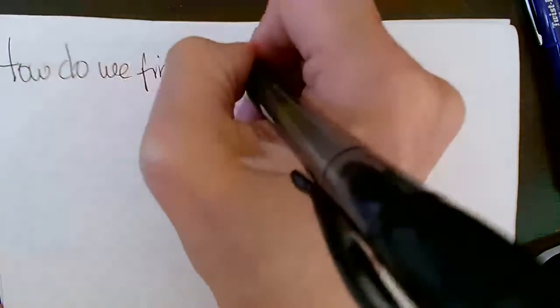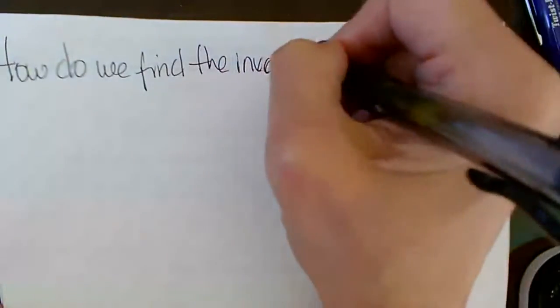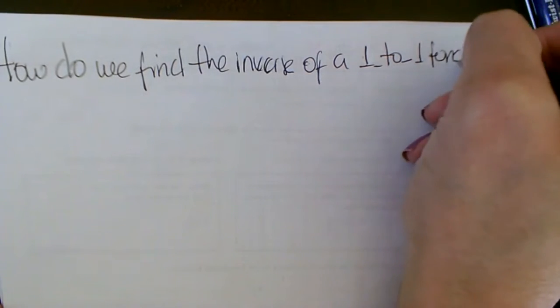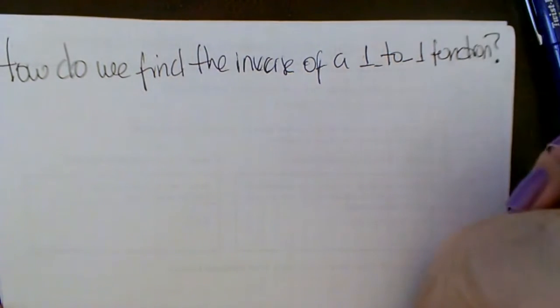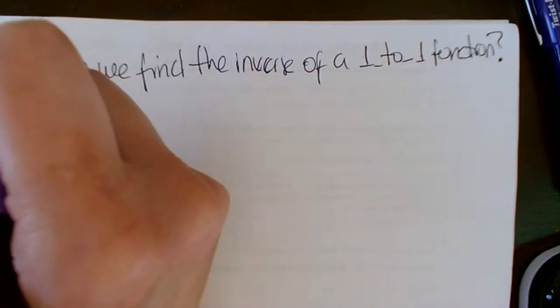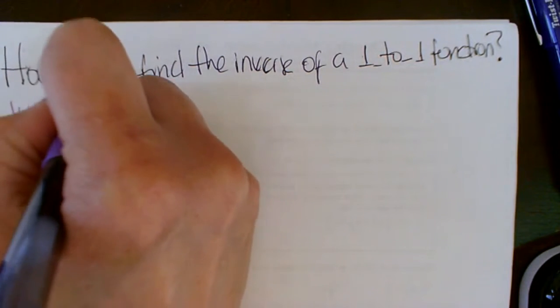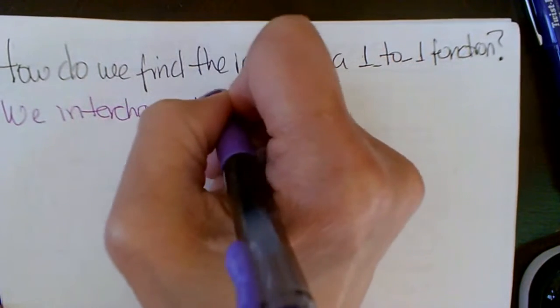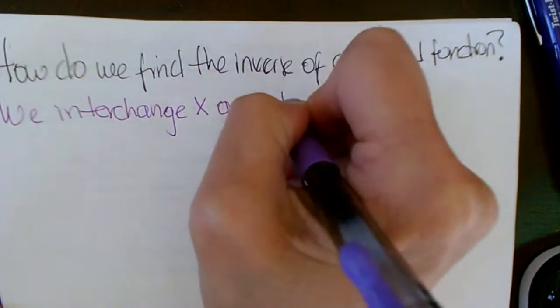How do we find the inverse of a one-to-one function? This is the question. And the answer is we interchange x and y. That's what we do.